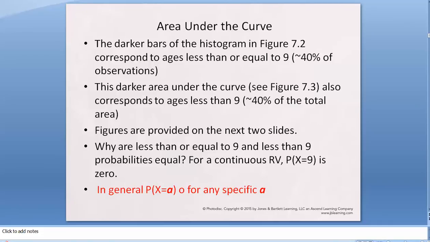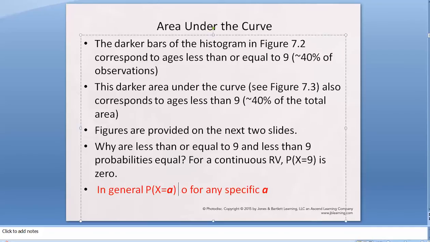Yeah, what it is saying is pretty much what we talked about. Remember, we said that for a continuous random variable, the probability that x is equal to a specific value is 0. Okay, in fact there should be an equal sign here. So because of that fact, it doesn't matter whether you are finding the probability that x is less than or equal to 9 or x is less than 9. Here of course x is actually age.